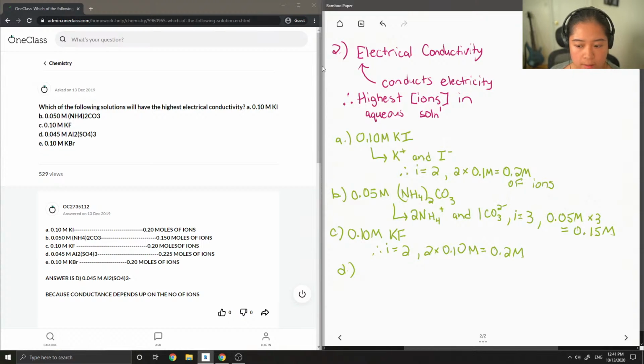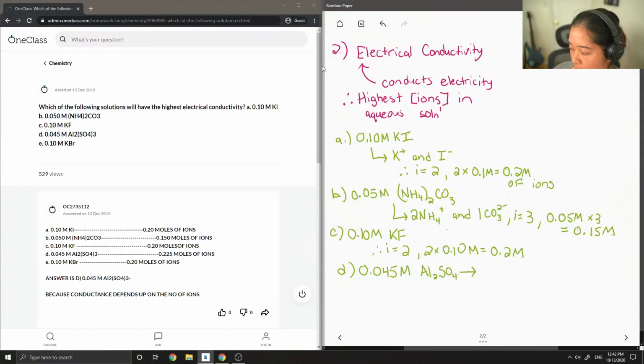For D, you have 0.045 molar aluminum sulfate.